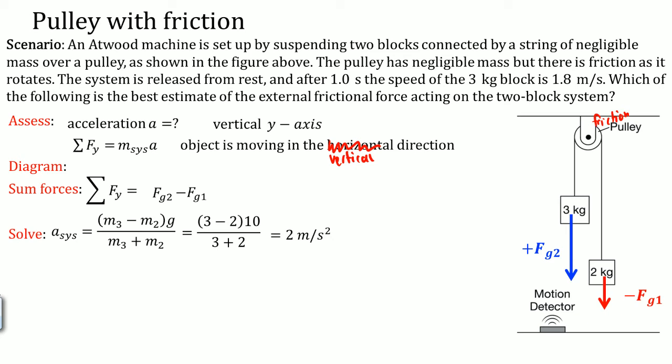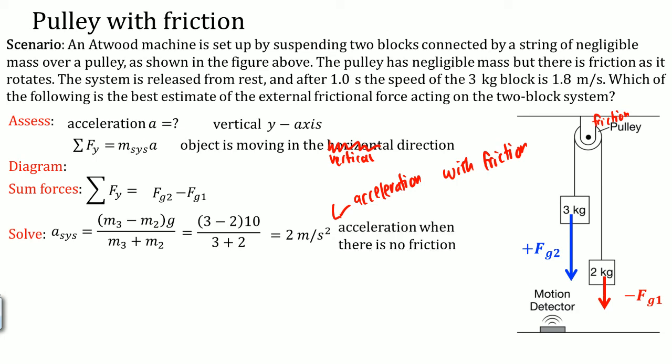Once you solve for this acceleration, you now need to understand what happens. This is the acceleration without friction. So if the pulley here was frictionless, it should be accelerating at 2 meters per second squared.